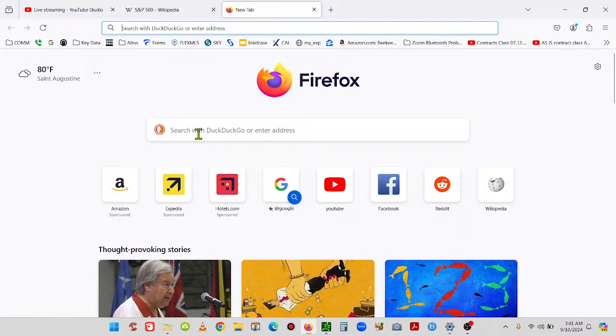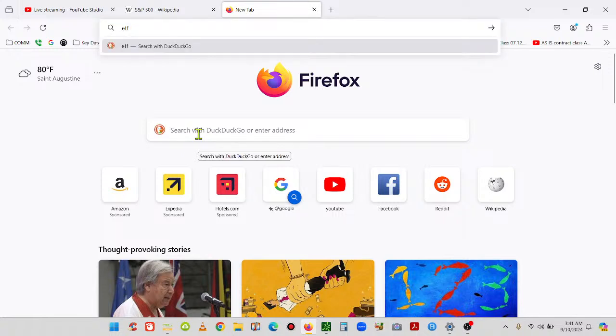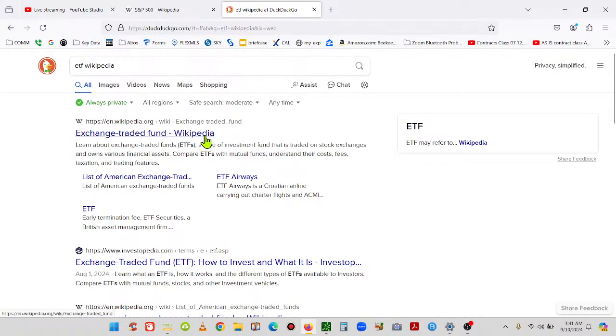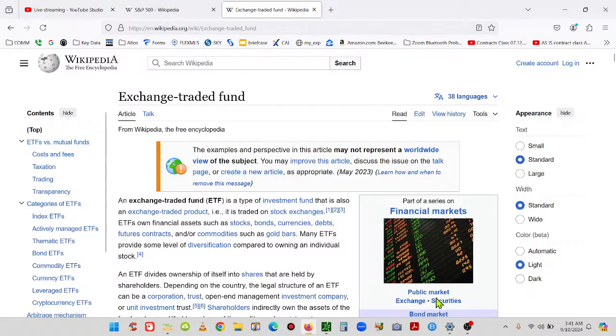So let's look up ETF Wikipedia. I know it's all very basic, but some people think they know, but they don't really know. We should always understand all the basics, so we understand every aspect of what we are doing. Whether you are successful or not successful does not matter.